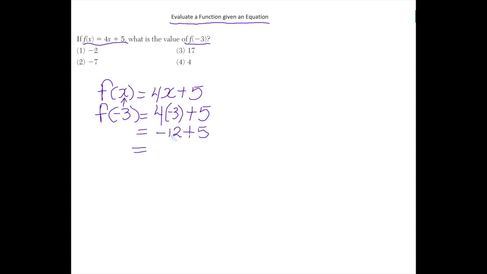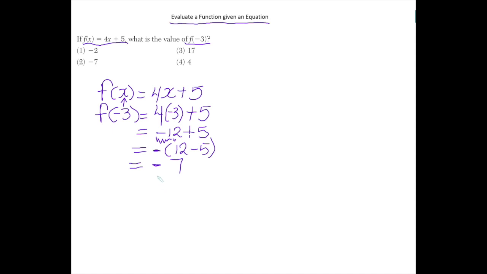Now remember, when you're adding integers and the signs are different, you will perform a subtraction. So we're going to subtract these two numbers, and we're going to keep the sign of the larger absolute value. 12 is our larger absolute value, so we're going to keep the negative. So our answer is negative 7.